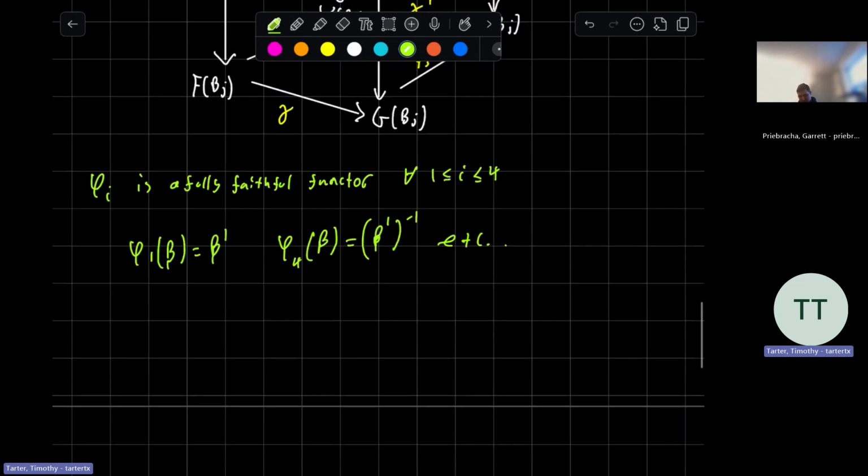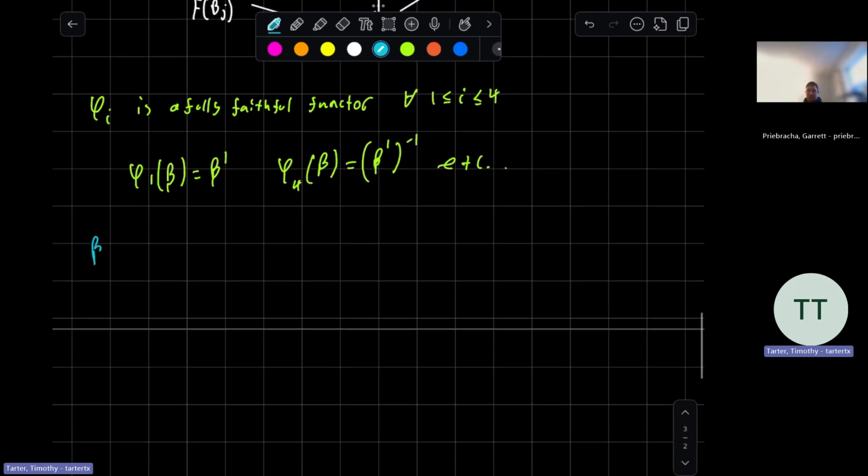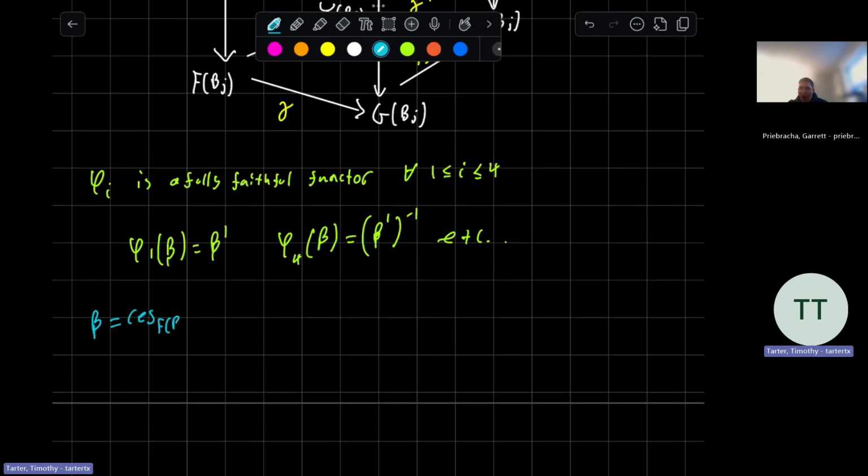It's worth noting that beta is equal to the restriction map from f of bi to f of bj. And theta is the restriction map from g of bi to g of bj.